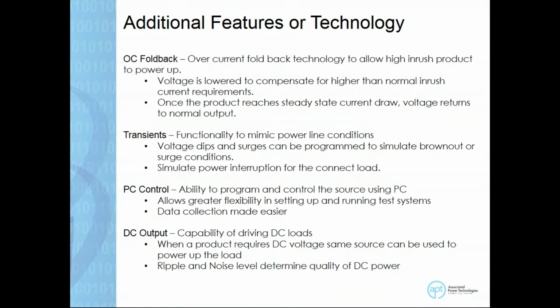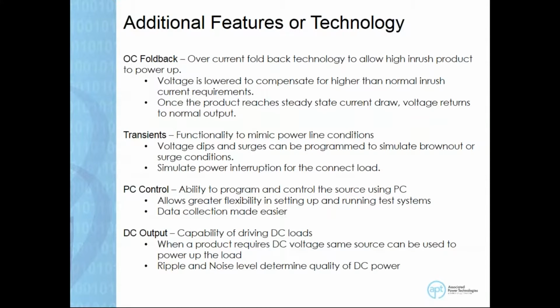The voltage may sag for the few milliseconds or few seconds that the inrush period is there, but when the inrush period is over and it returns to a steady state, the voltage is brought back up to the proper voltage. This allows you to power up really inductive or capacitive loads that have high inrush of current.